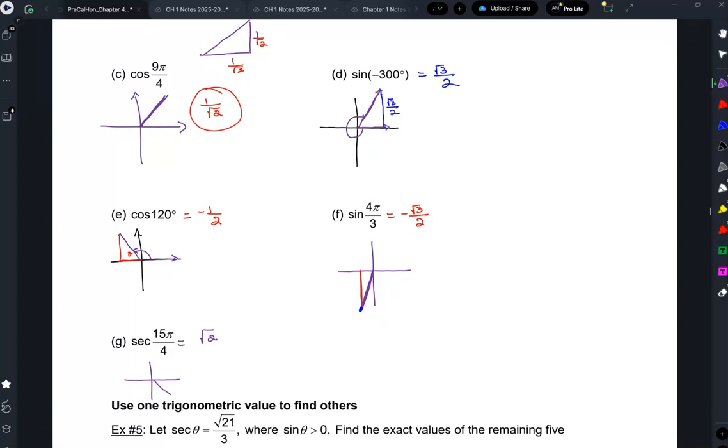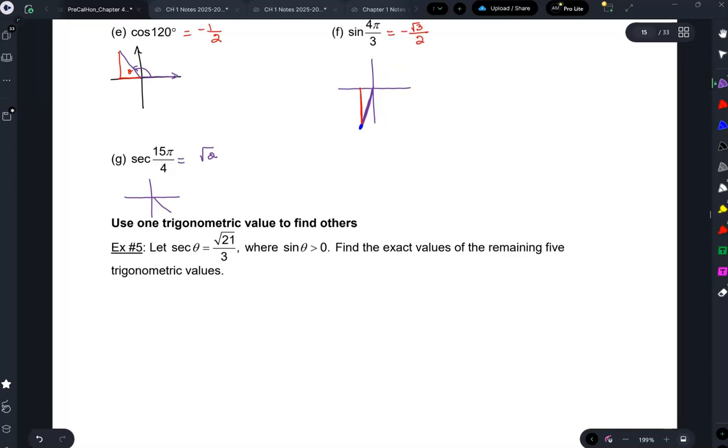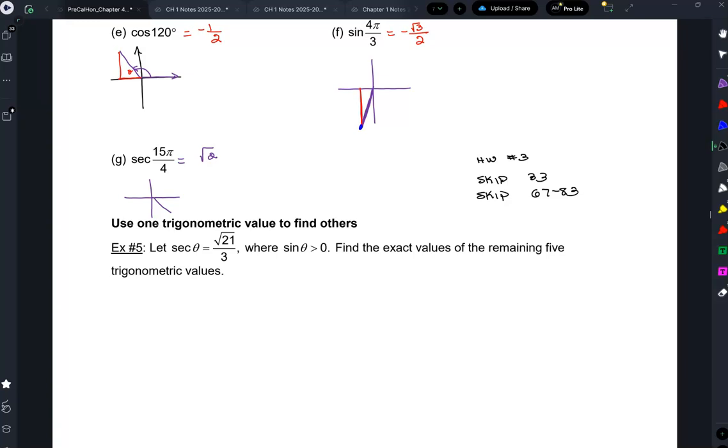Last year, I stopped at the same place, apparently. Okay, so now, this is important. We are going to stop here. You are going to do homework number 3 due tomorrow, Friday. However, you are going to skip 33 and the ending.